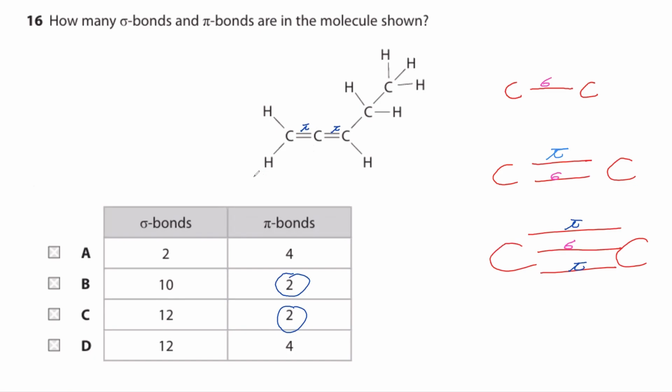Now let's say you are in a real hurry and you want to find the answer to this question with no time. Don't just guess blindly. You know that one of these four answers should be the answer, so use a little bit of the knowledge that you have. Definitely there will be two pi bonds, so even if you go for wild guesses, go for B and C. If you know half of the theory, you can eliminate two answers easily from your list.